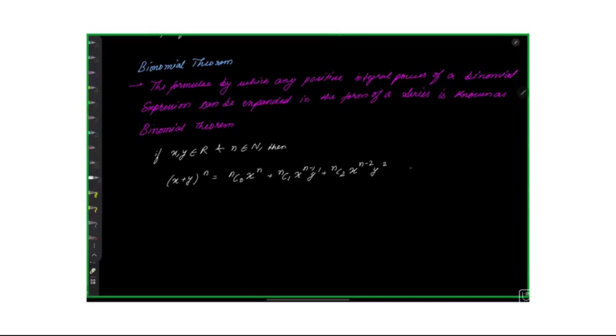Plus dot dot dot. Let us take any random middle term nCr, where r lies from 1 to n, right? nCr x to the power n minus r y to the power r plus dot dot dot. The last term is nCn y to the power n, right? This is the whole binomial theorem, how to write it.